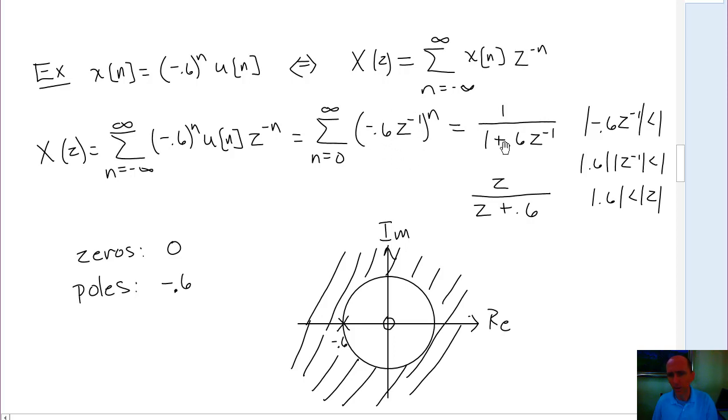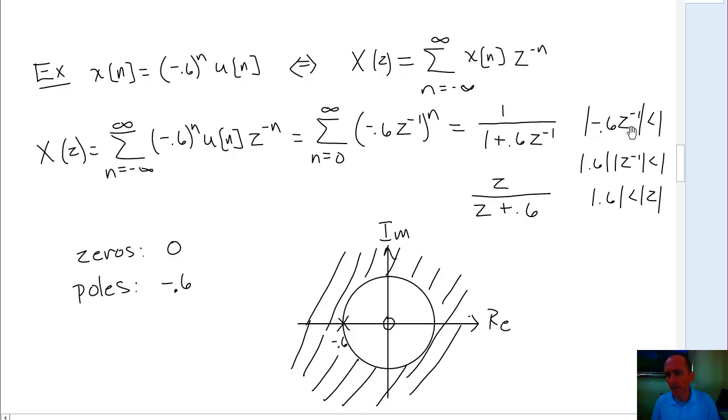Now the minus here and the minus here are going to cancel out, so we get 1 plus 0.6 z to the minus 1. Now again, this infinite summation converges to this only if what's raised to the power of n has magnitude less than 1. And so we write it out like this. And from this, we get our region of convergence. These are the values of z where the summation is finite.